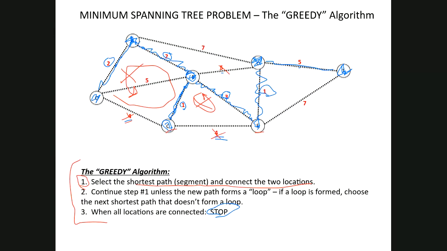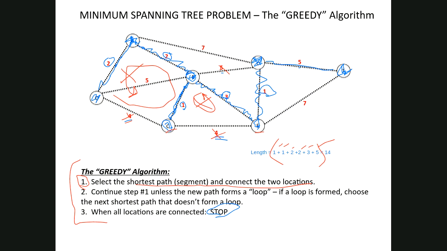The other thing that I want you to notice is how many paths were used. And of these, we used pathways 1, 2, 3, 4, 5, 6.